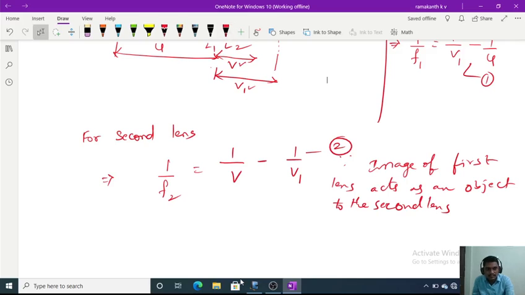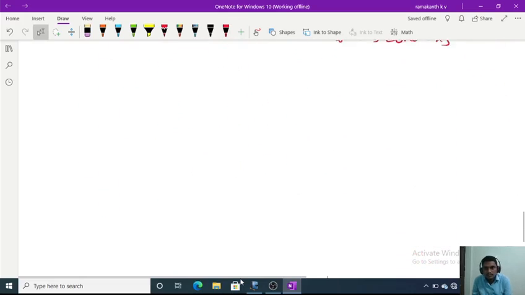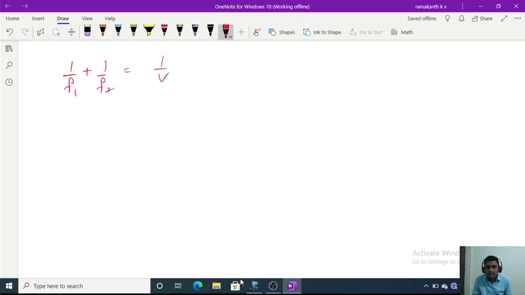Now add equations 1 and 2. What do you get? The LHS is 1 by f1 plus 1 by f2, equal to 1 by v1 minus 1 by u plus 1 by v minus 1 by v1.